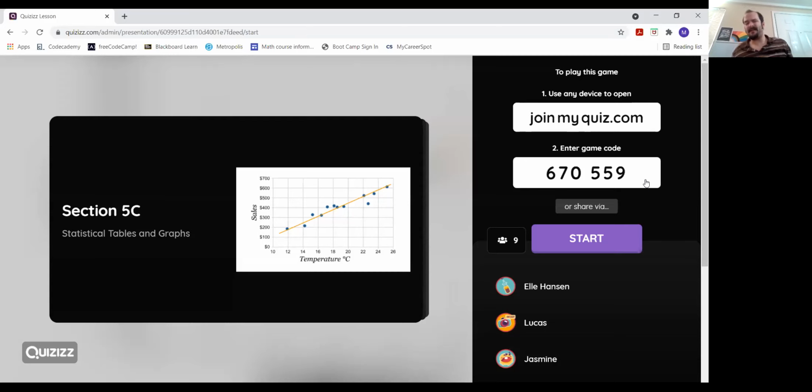So any questions about anything class-wise? If not, we'll go into more content-wise. We did 5A. In 5A, we introduced statistics. We talked about samples, population, sample statistics, population parameters. We talked about observational studies versus experiments.